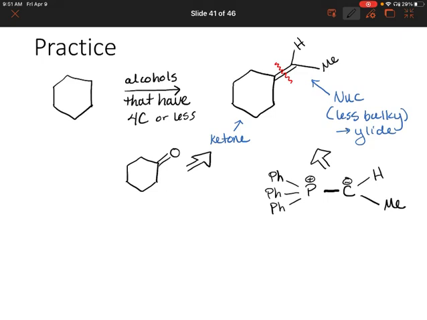There's a few different ways you could do this. Let's see. So maybe we started with an alcohol, and then just oxidized it to get our ketone. So what oxidizing agent could we use there?